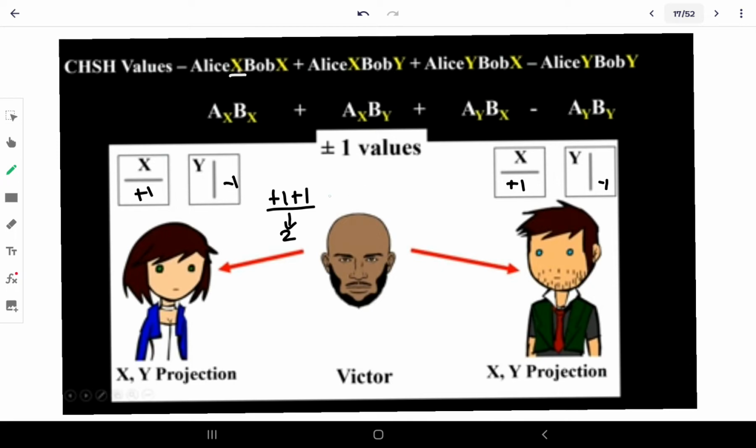Next, AX and BY. Alice gets plus 1 and Bob gets Y, so Y is minus 1. Plus 1 minus 1 equals 0.